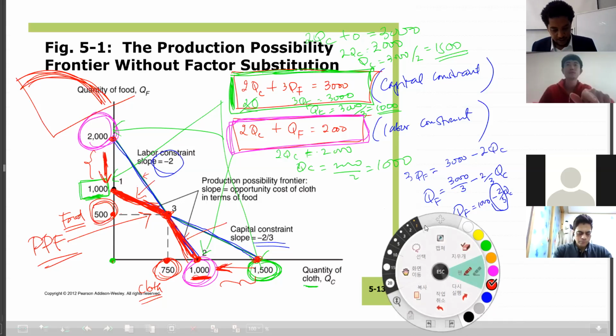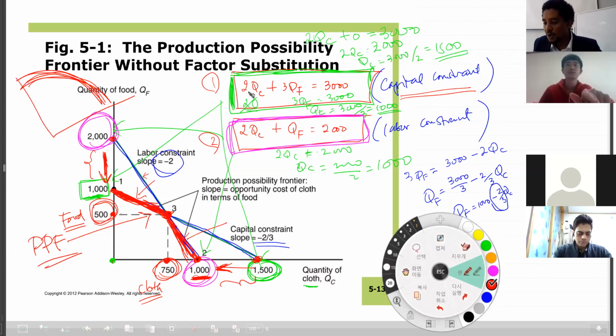So I guess this is clear. It is simple, okay? You first prepare your capital constraint function. This is the first thing you have to do. Second, prepare the labor constraint equation, okay? Once you prepare these, draw the capital constraint and the labor constraint lines.